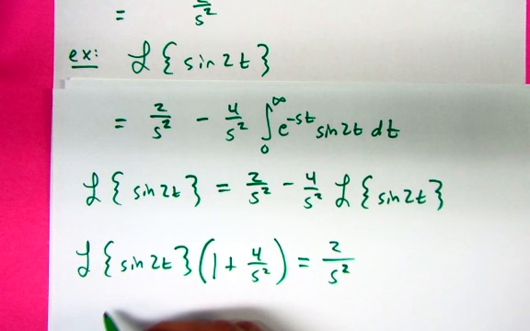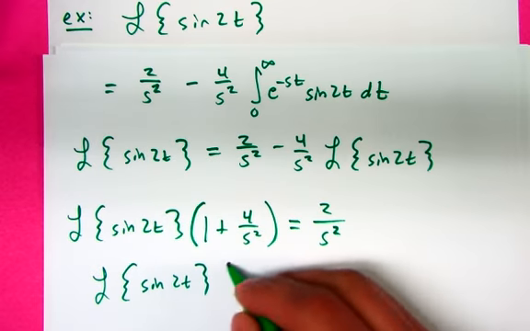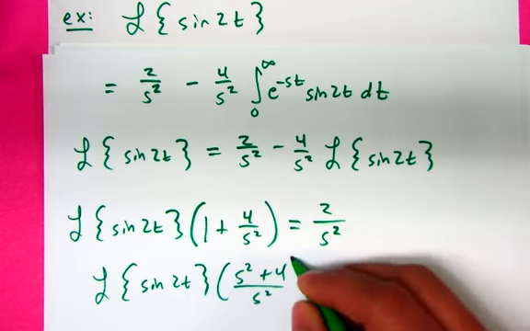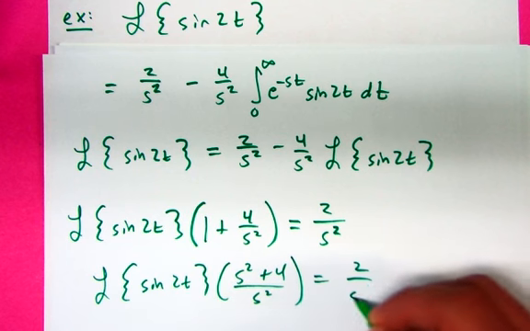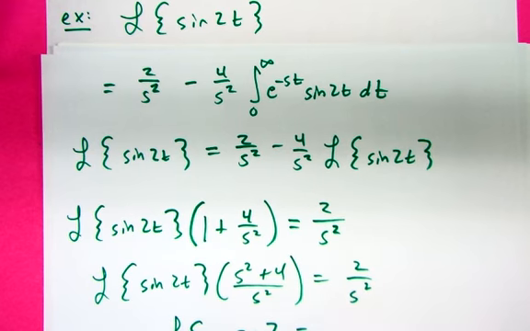And let's maybe clean things up a bit. Let's write this as s squared plus 4 over s squared. So when I divide by it, the s squareds will cancel out, and we get 2 over s squared plus 4.